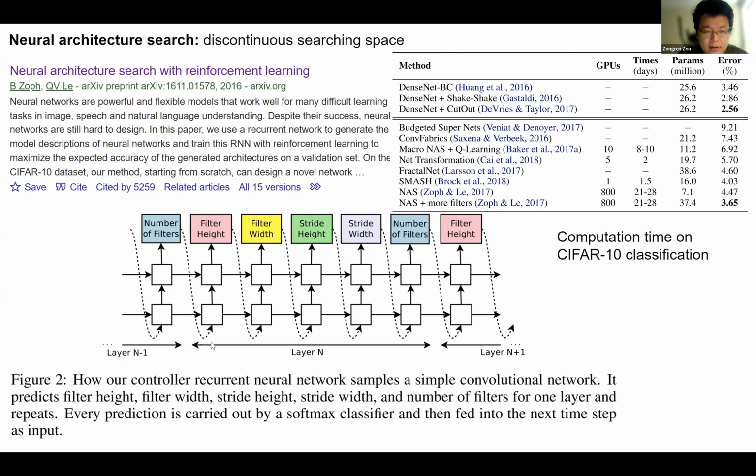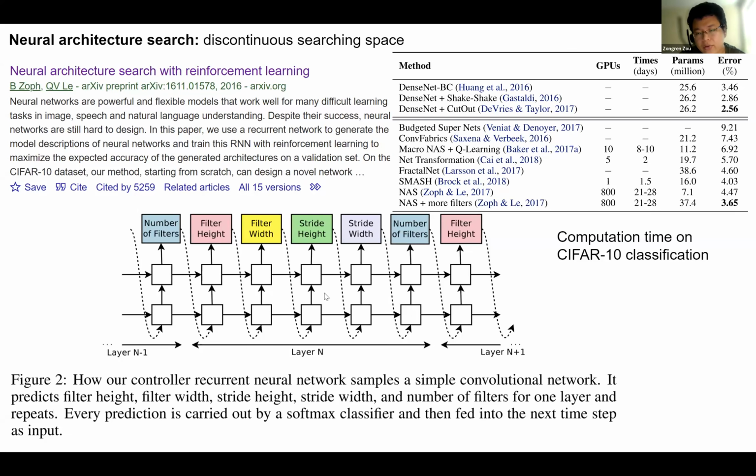Because a neural network is a sequential model, one layer follows the previous layer, and for each layer there are many hyperparameters to search. This is for a convolutional neural network: the height and width of the filter, the height and width of the stride, and the number of filters need to be found. They use a controller to sample the architecture.